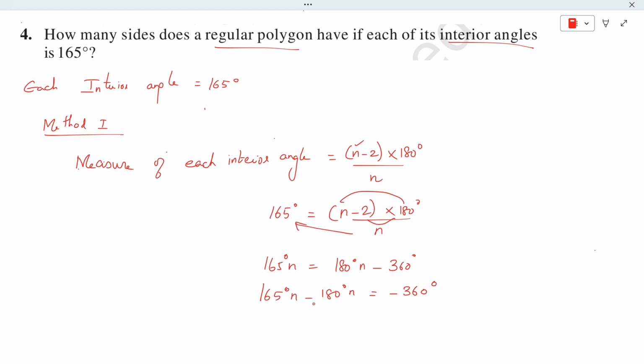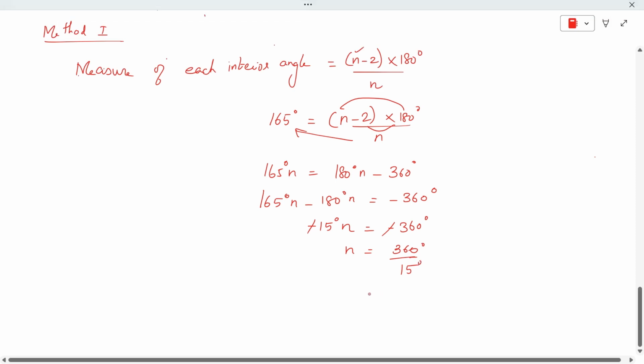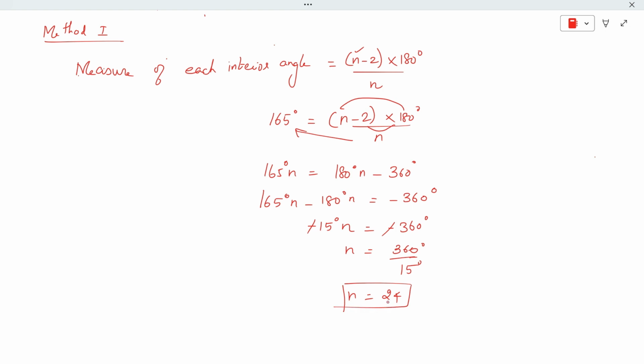When I subtract 165 minus 180, it gives me minus 15 degree n is equal to minus 360, isn't it? So cancel the negative and negative. So n is equal to 360 degree by 15 degree, which is equal to 24. So the number of sides of a regular polygon is 24.